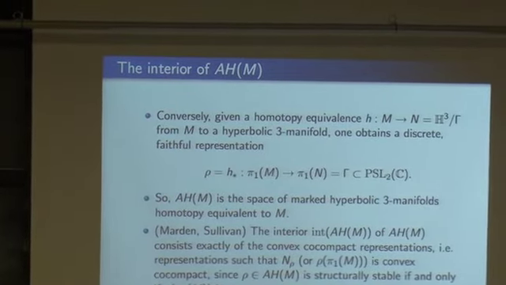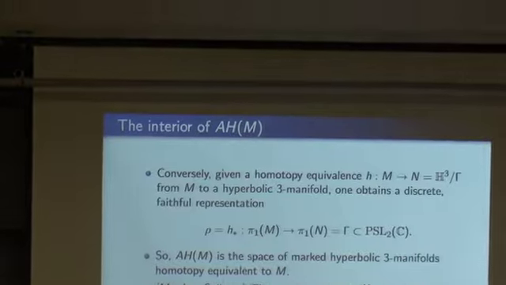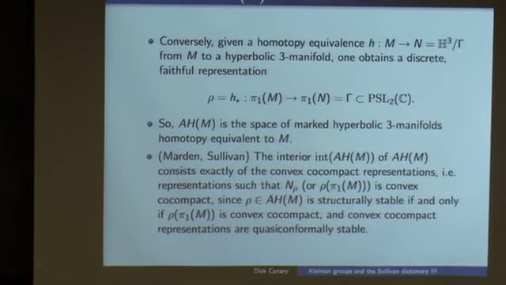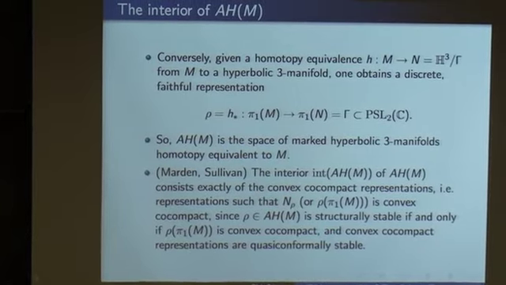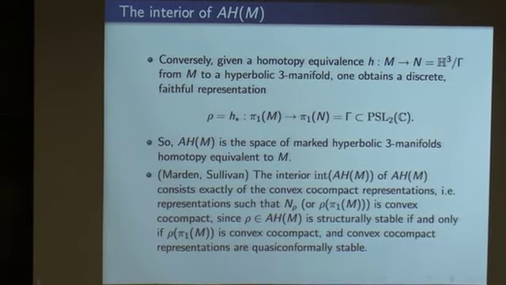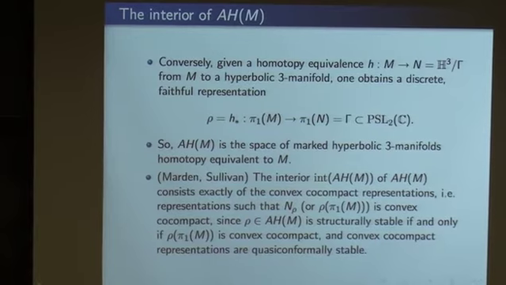And so if you take h star from pi1 M to pi1 N, you can think of that as a representation from pi1 of M into PSL2C. So you could go back from a marked hyperbolic 3-manifold to a representation.